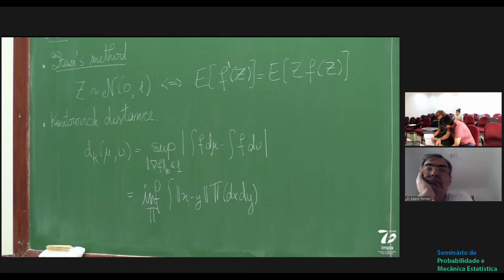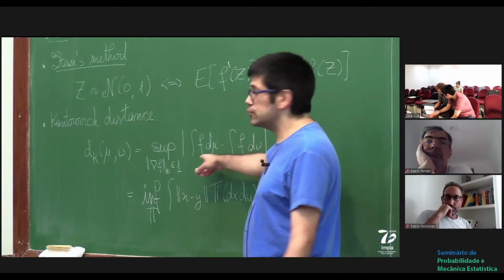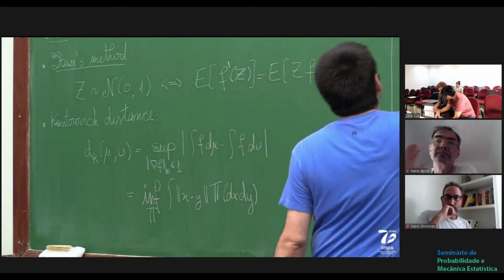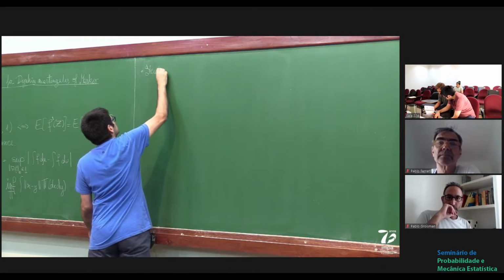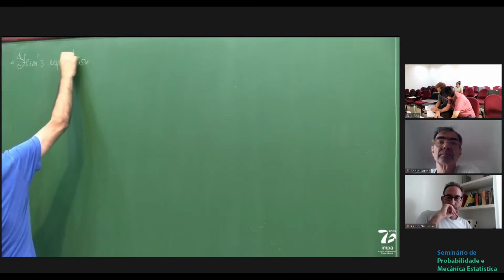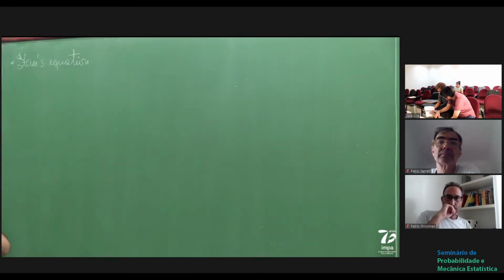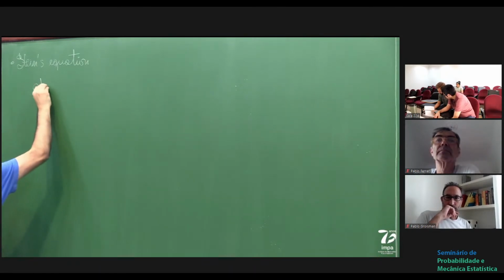Okay? So the usual way in which Stein's method is used is that you solve the so-called Stein equation. What you actually do is solve this equation here.